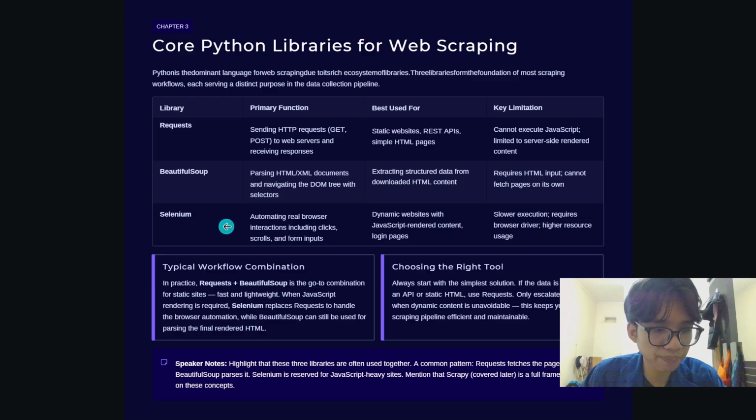Then Selenium controls a real browser, useful for websites that load content dynamically using JavaScript, where requests alone is not enough. Together, these three libraries form the foundation of modern Python web scraping workflows.